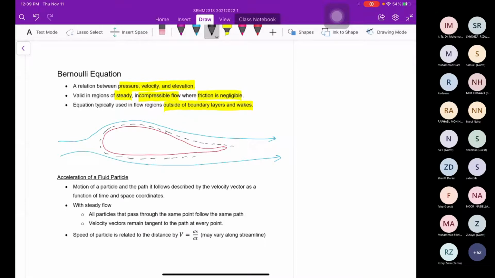This is the boundary layer where the viscous effect is very important. At the end of this tip, we have the wake, the rotation of flow.